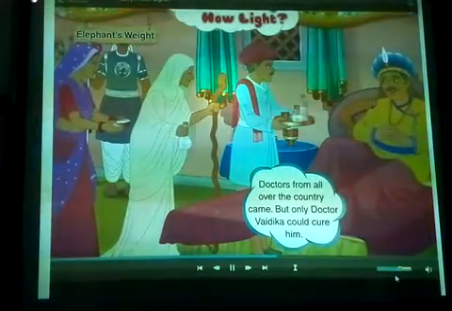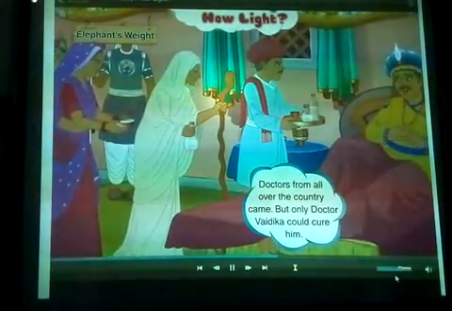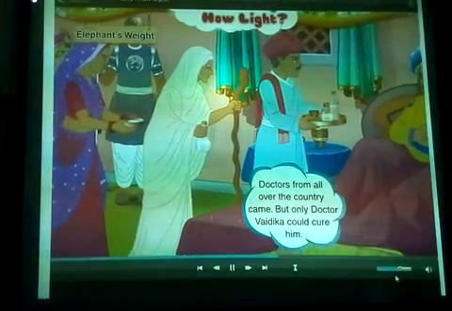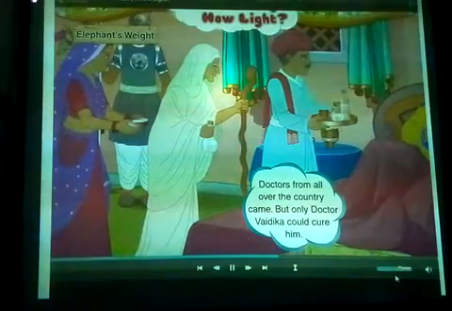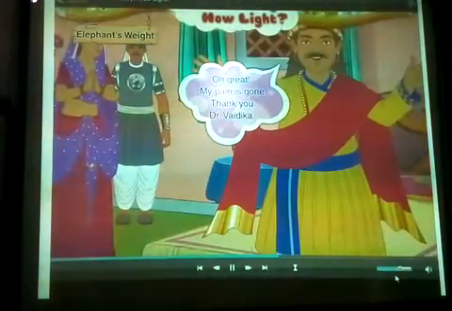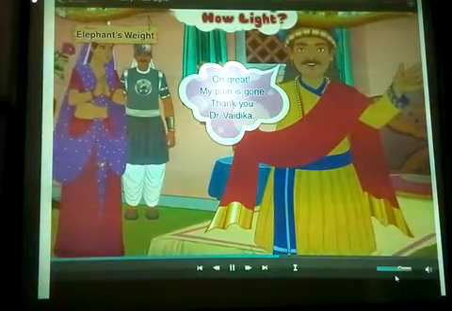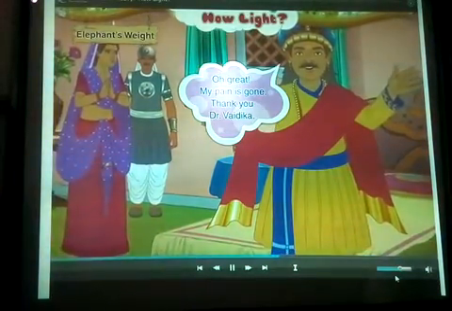On hearing this, the doctors from all over the country came. But only Dr. Vedika could cure him. The king said, "Oh, great! My pain is gone. Thank you, Dr. Vedika."